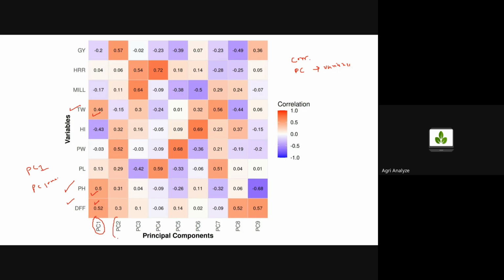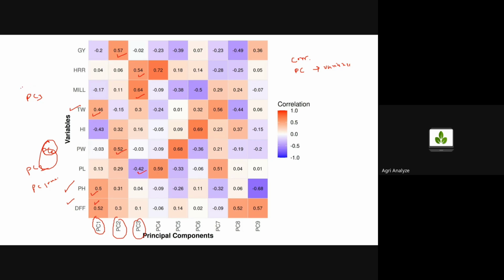In PC2, we can see that pod weight and grain yield, these two characters, are highly responsible for PC2, because these variables have a higher correlation. In PC3, pod length, meal, and HRR characters are highly responsible for PC3.